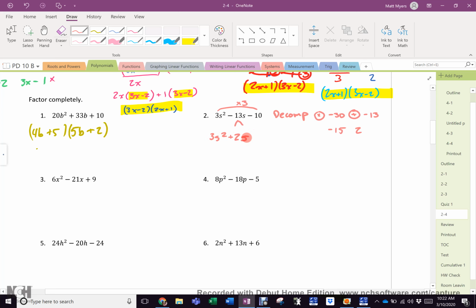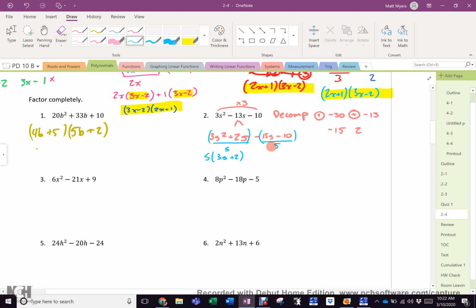Minus 2s minus 15s minus 10. Yeah? Then I factor. What's coming out of here? S. S to the front, 3s plus 2. What's coming out of here? 5, right? Do I want a negative at the beginning?